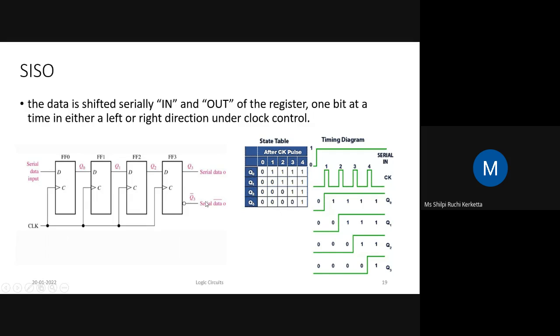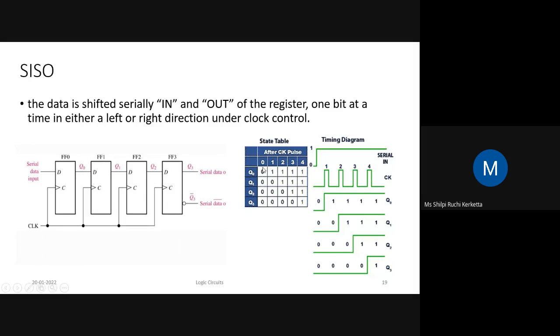So this is a shift register. It is shifting the data from here to here. That's why we are getting this as the first output, this as the second output, and this as the third output. So this is Q0, Q1.